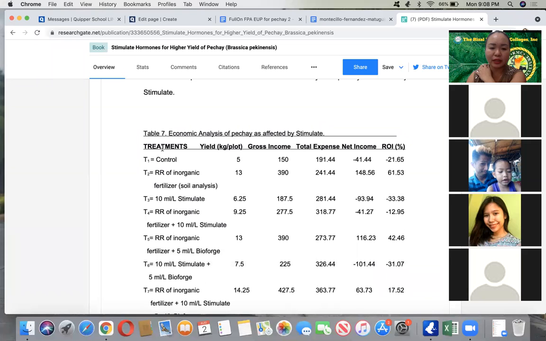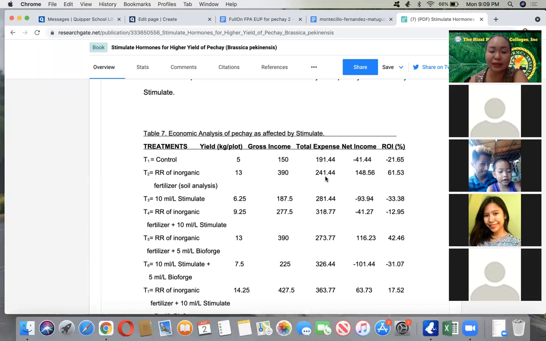So you will enumerate here the different treatments and how much the yield of the different treatments is per plot, in terms of kilograms, and then the price per kilo, so you just multiply that. Everything you harvested, although you just ate it, you have to quantify it and give it a gross income, or price. Of course you will also have the expenses, what you spent.